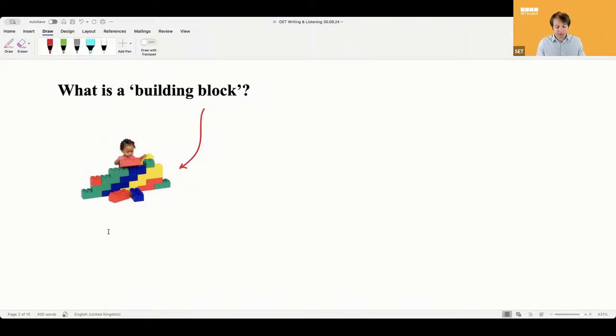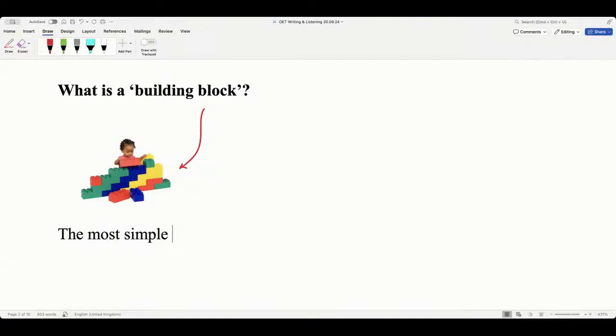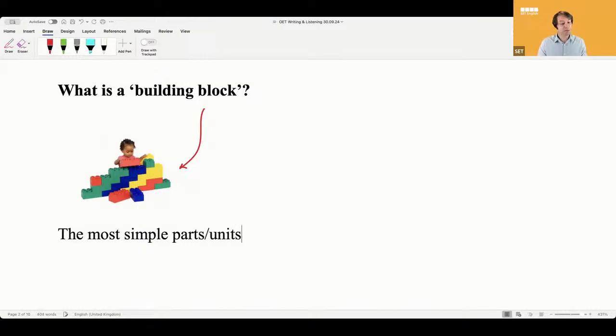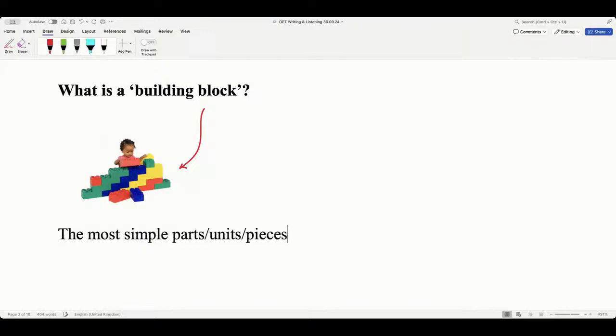A building block is the most simple what? The most simple tool? Parts, units. What else? Parts, units, pieces. Yeah. You get the idea?